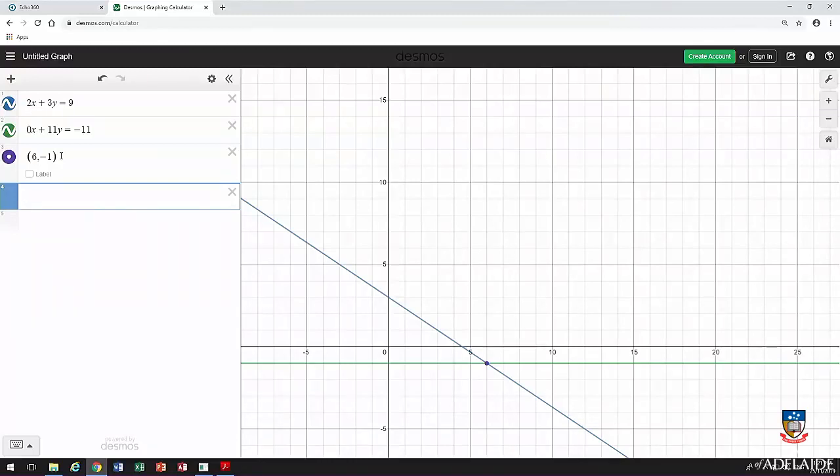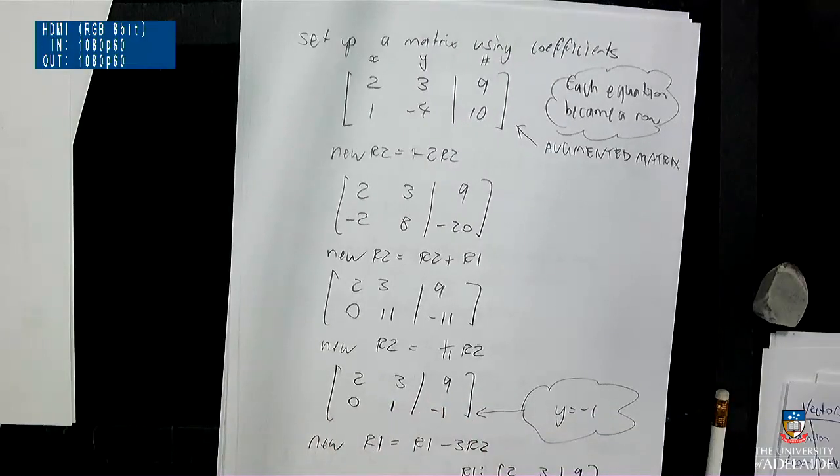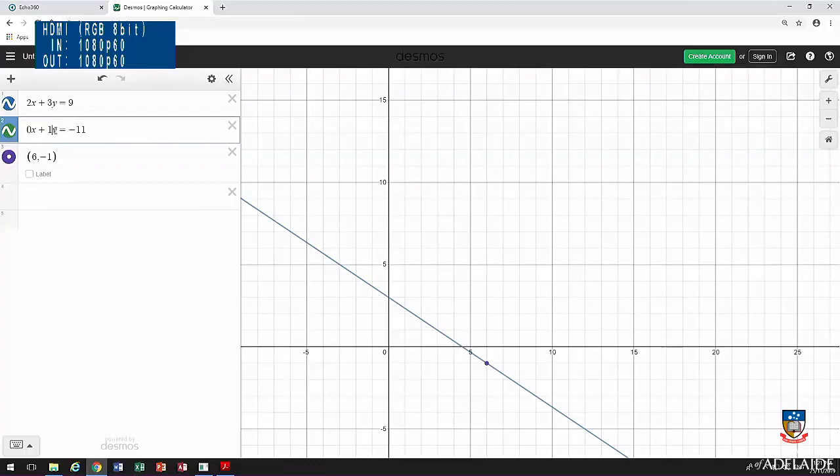And then my next equation had 1, minus 1. Which is the same line. That's great.